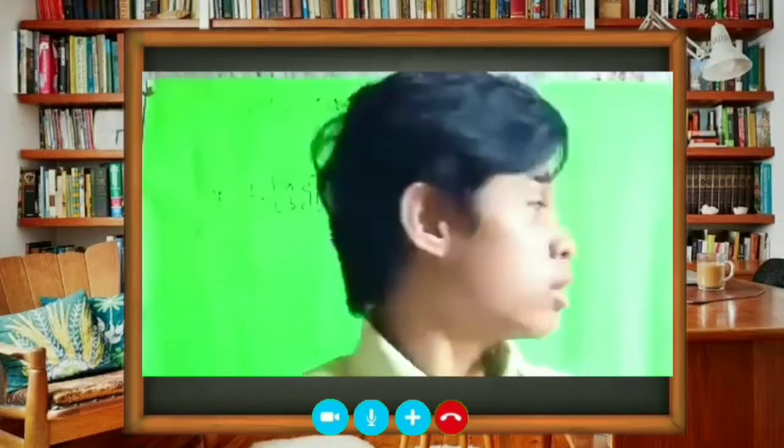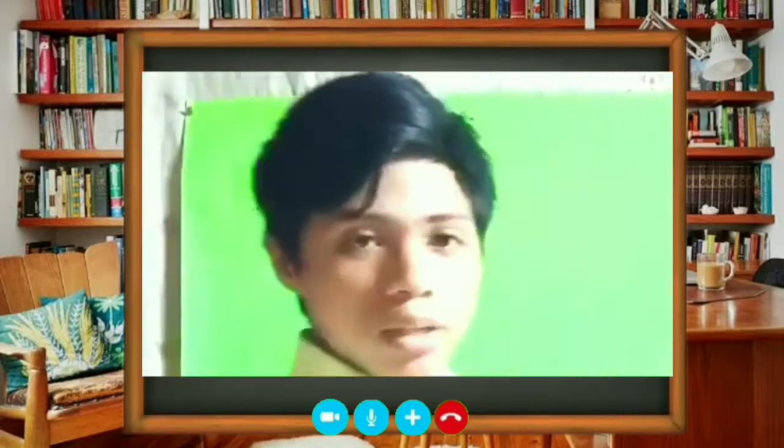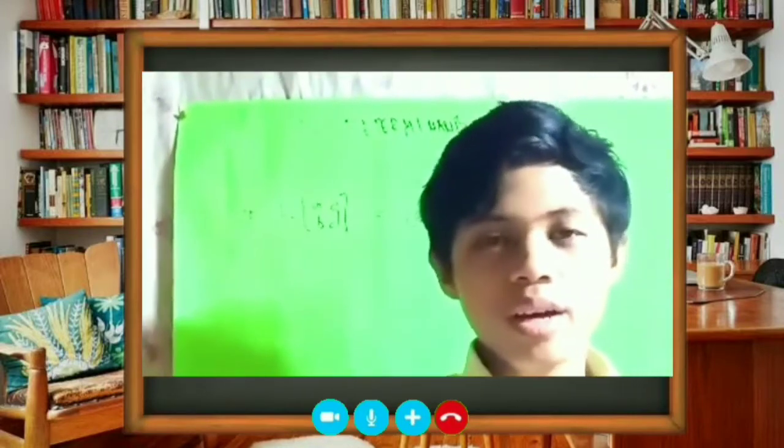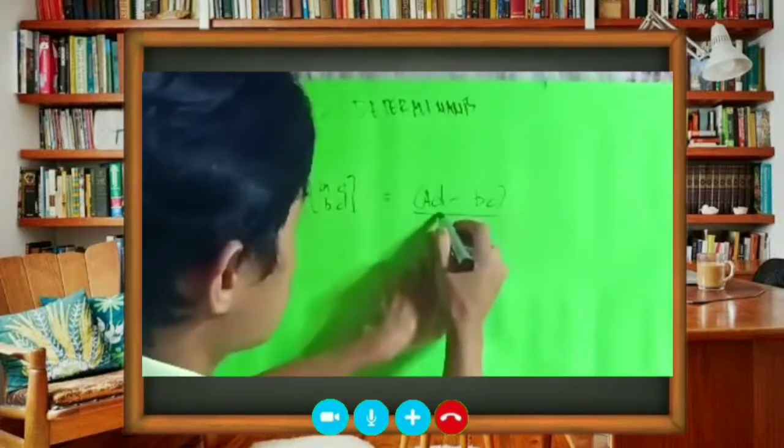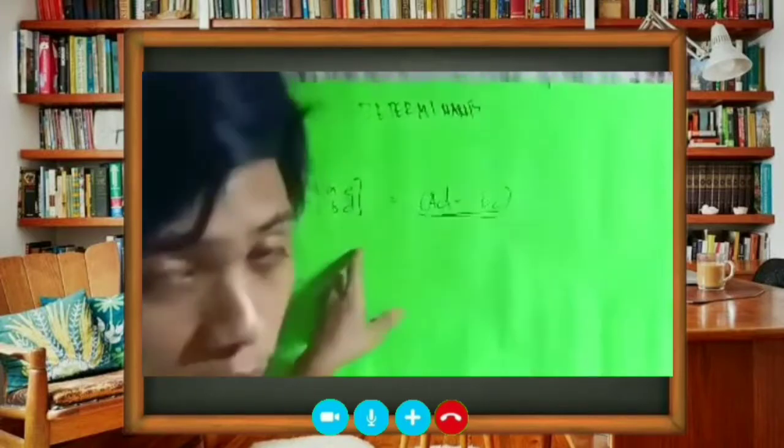So this is the determinant, and to find it, we should use this formula.